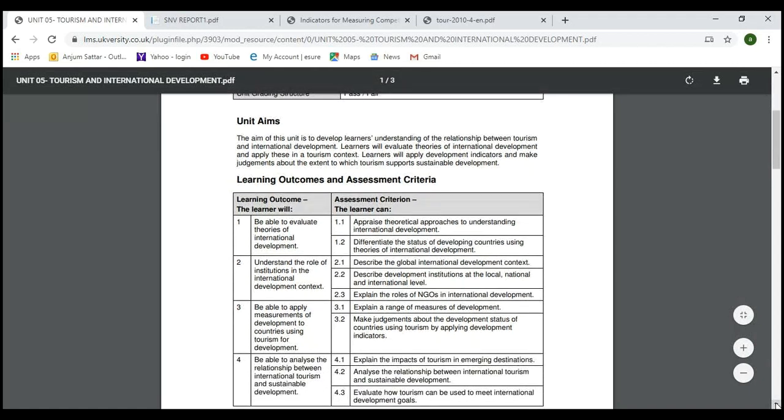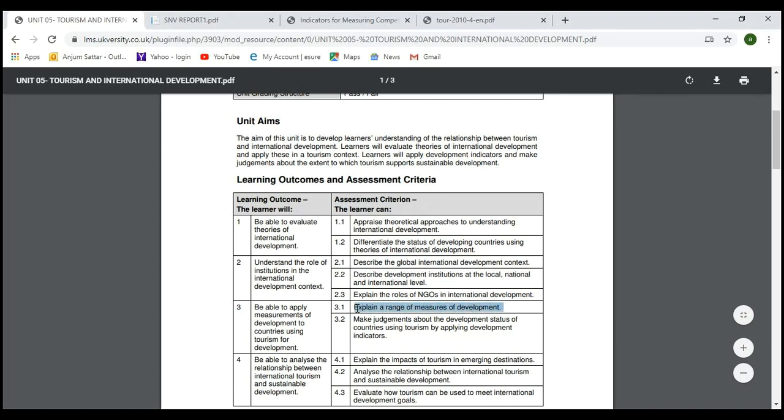Today we're supposed to do our learning outcome 3, be able to apply measurement of development to countries using tourism for development. So today our key focus will be to explain a range of measures of development.